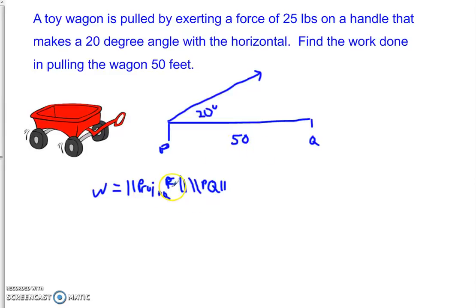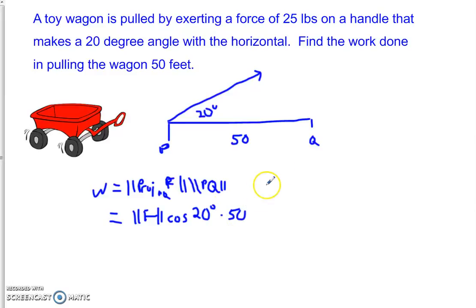The projection of F onto PQ, sorry for the sloppy writing, is equal to, well, if I go back, that was simply equal to the magnitude of F times the cosine of the angle, and this angle happens to be 20 degrees, times PQ, which we said was 50.